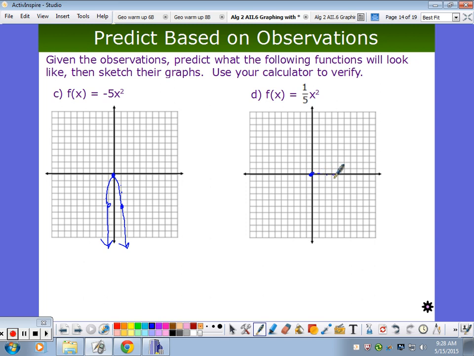So 1, 2, 3, 4, 5, and the same thing on the other side. So the idea is quickly being able to sketch, having a really good idea of what this looks like. Are there questions so far?